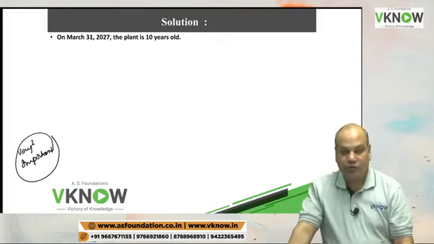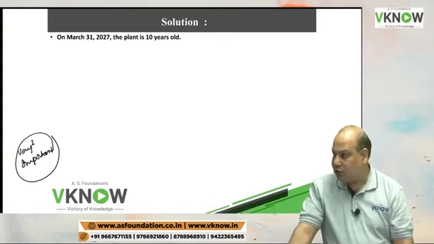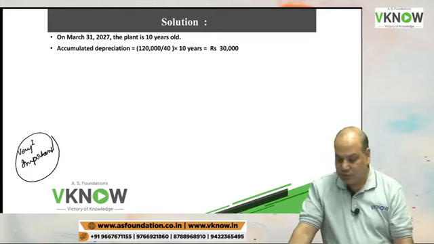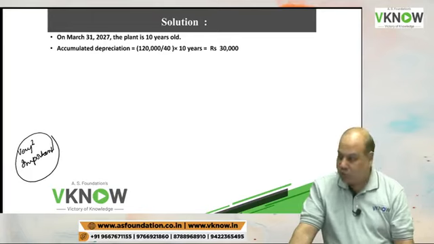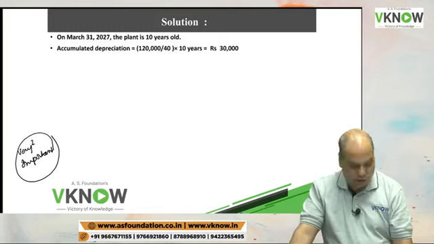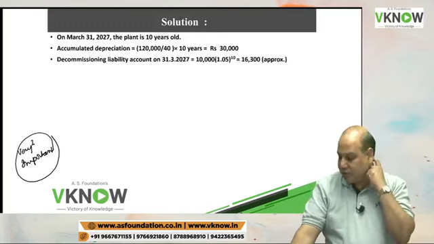On 31st March 2027, the plant is 10 years old. I am writing in simple language so that you can understand. Accumulated depreciation equals 1,20,000 divided by 40 into 10, which is 30,000.